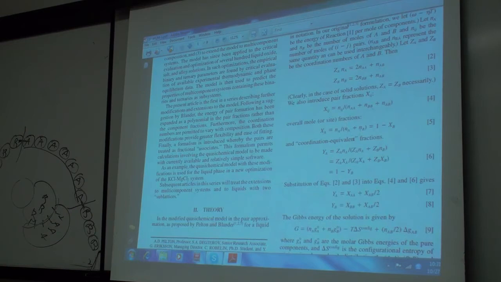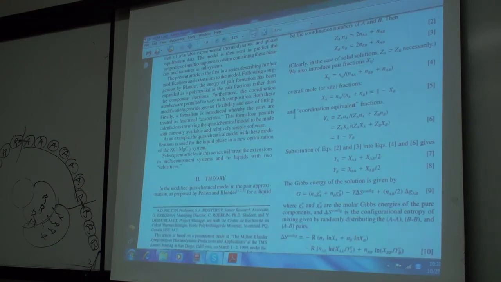And of course the overall mole fractions or site fractions, Xa and Xb. We introduce now something called coordination equivalent fractions. Ya is the mole fraction, Na over Na plus Nb, but weighted with respect to the coordination numbers. Now if Za equals Zb, then Ya and Yb are just the mole fractions, because the Z's all cancel out.